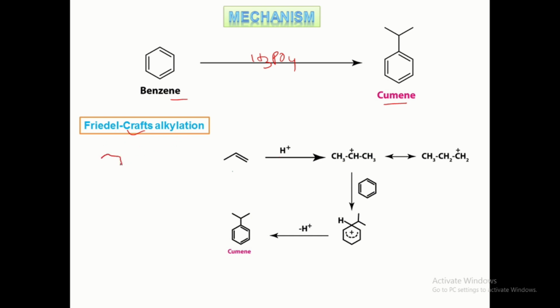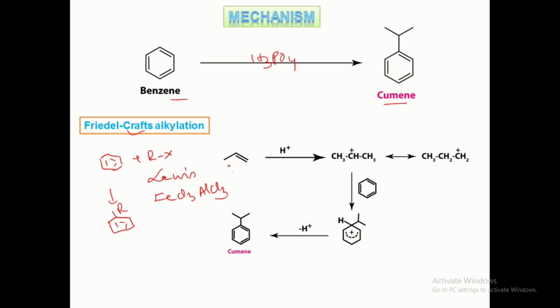In this reaction, benzene can react with alkyl halide in the presence of a Lewis acid, like ferric chloride or aluminum chloride, to form a carbon-carbon bond between alkyl carbon and aromatic carbon. Here, propene reacts with benzene in the presence of acid to form cumene, so this reaction is called acid catalyzed Friedel-Crafts alkylation reaction.